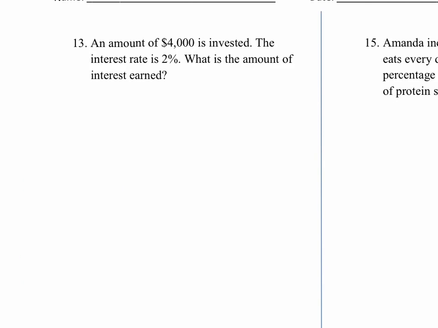Number 13. An amount of $4,000 is invested, and the interest rate is 2%. What is the amount of interest earned? You're going to do this like we did on the other one on the review.